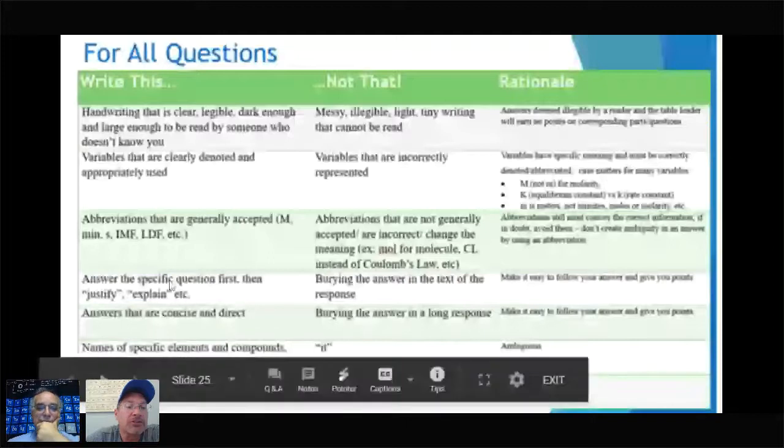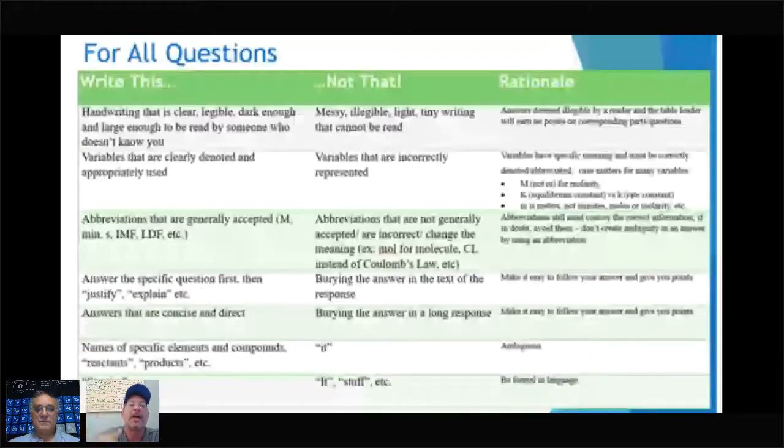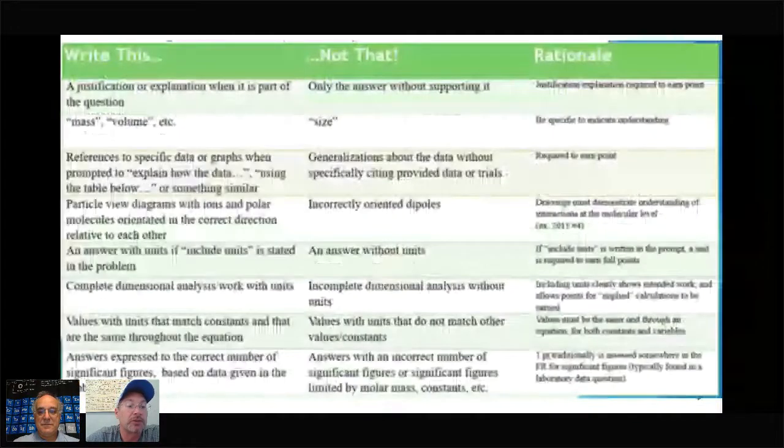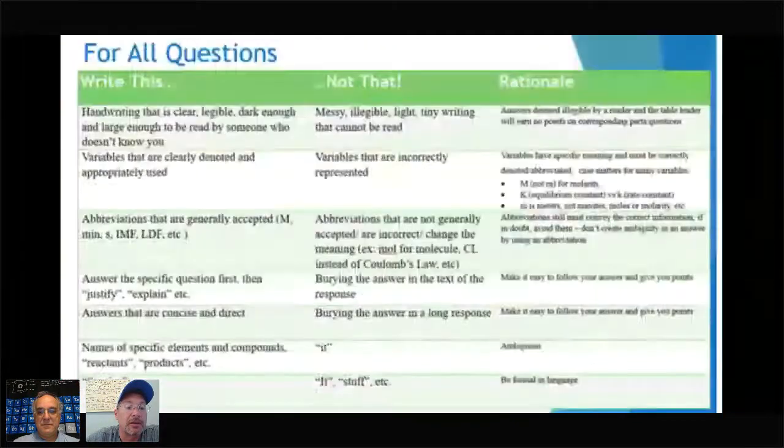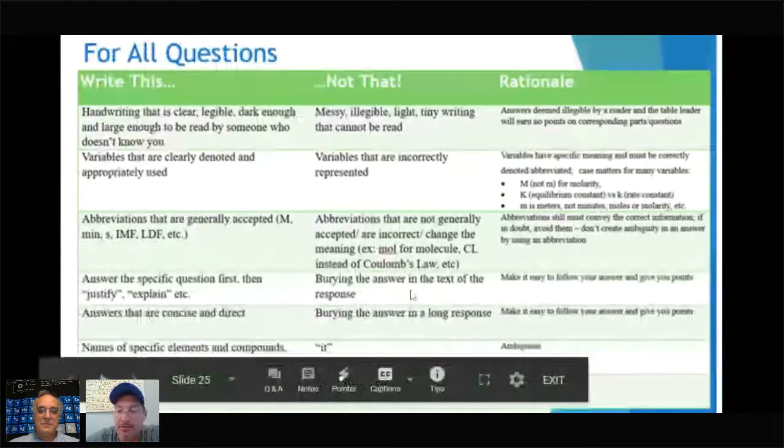Answer the specific question first. Do you agree? Do you disagree? Is it going to stay the same? And then give me your evidence and reasoning. Use names of specific elements and compounds.